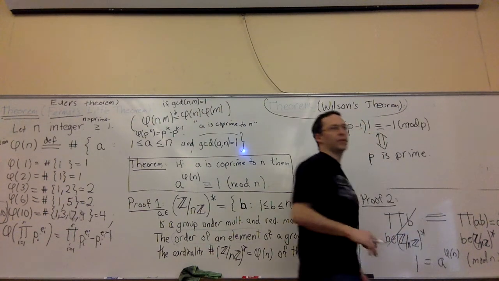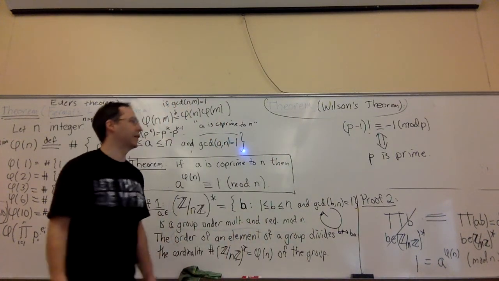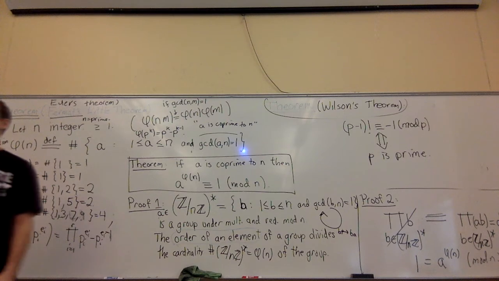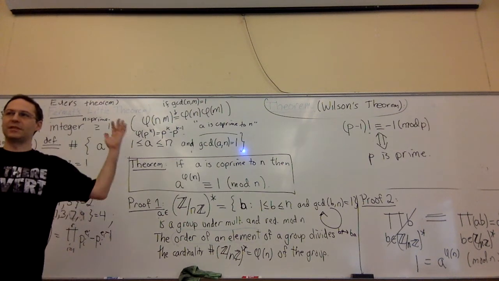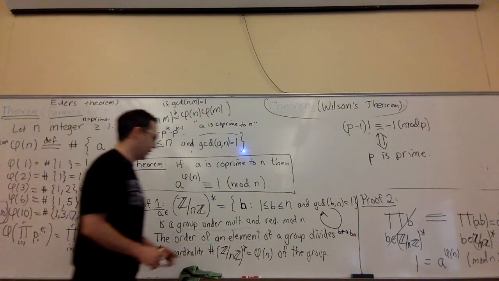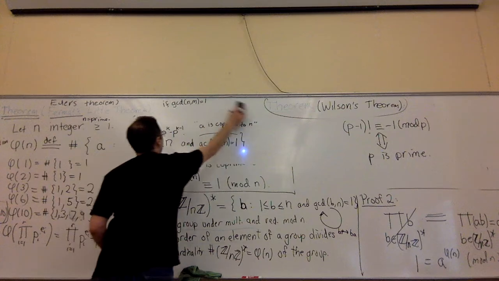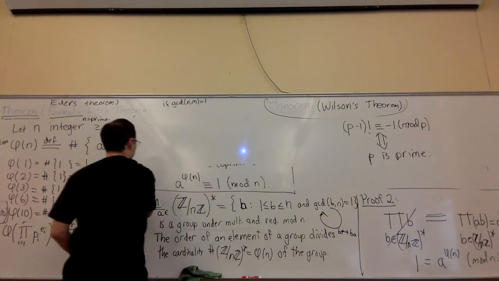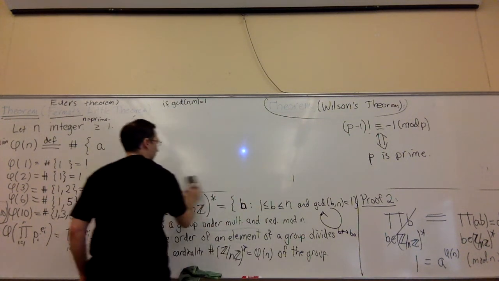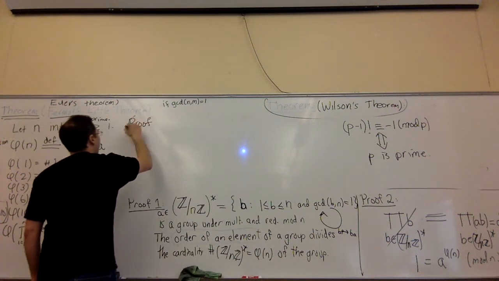So if you want to know whether some huge number is prime, all you do is compute (p minus 1) factorial divided by p and see if you get a remainder of minus 1. Easy peasy. But actually, that would be really, really hard to do. But let's prove it. So this will be the proof of Wilson's theorem.